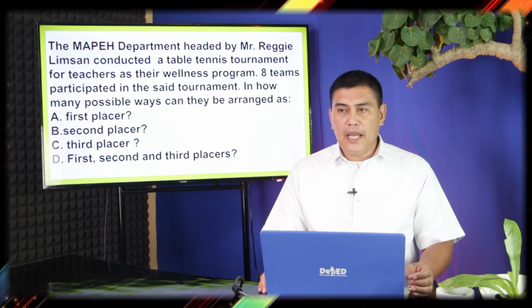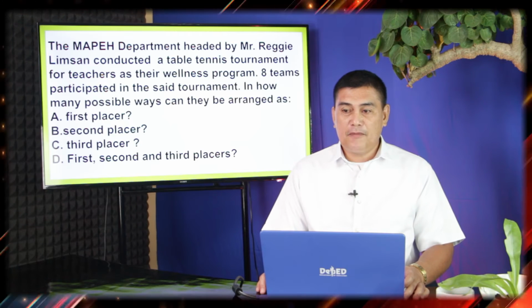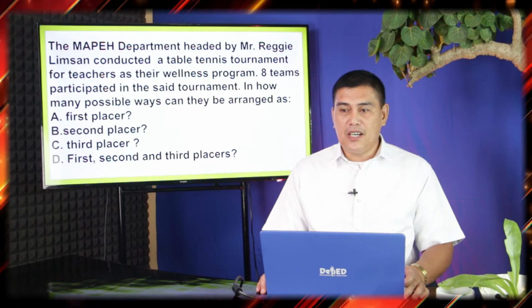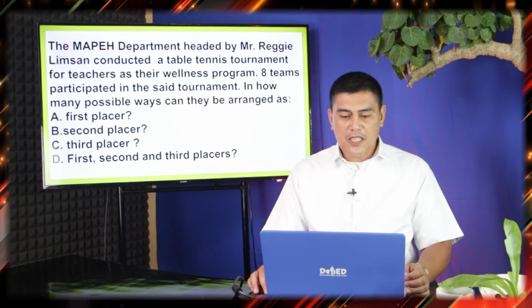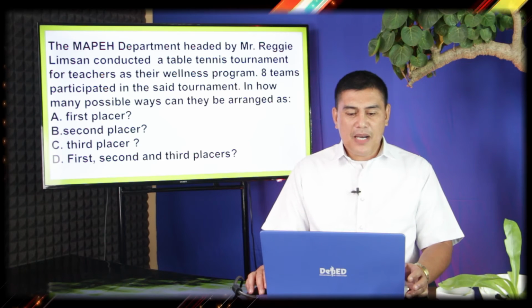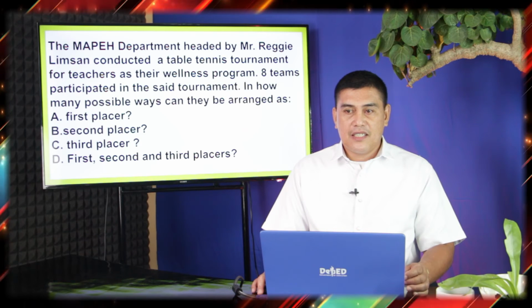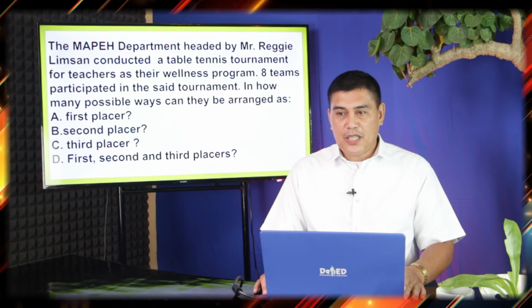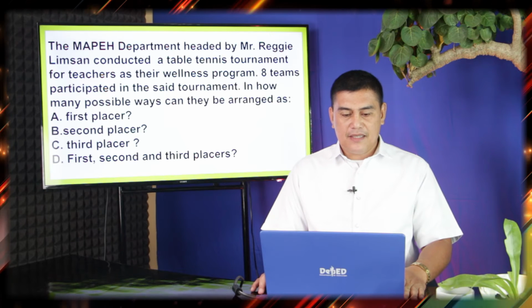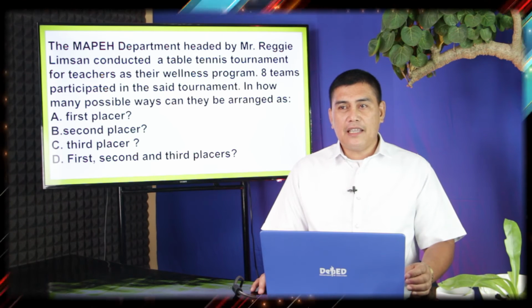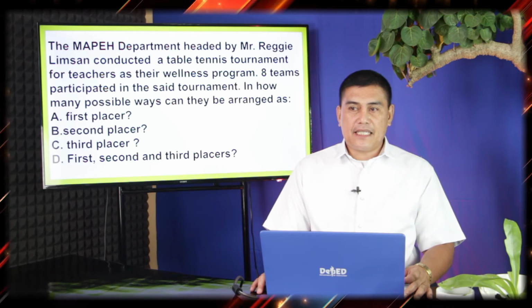So, in how many ways can we arrange them as first placer? Siyempre, 8 silang participants, so 8 rin silang pwedeng magiging first. So, first placer would be 8. What about second placer? Or in the second place? Sa second place, 7 na lang. So, 8, then 7. What about third place? So, kung 8 ang first, 7 ang second, ang third ay 6 na lang.